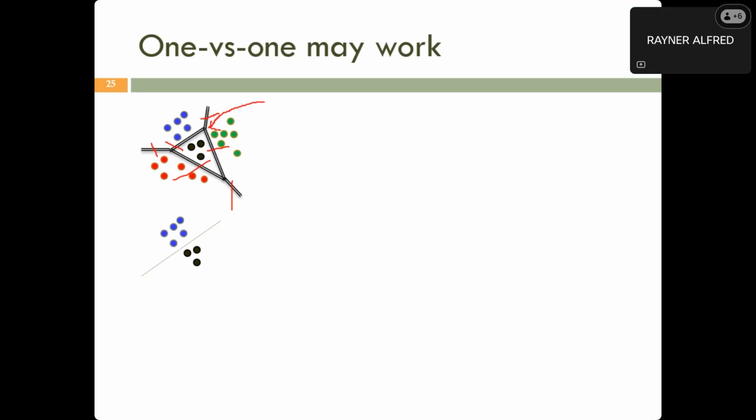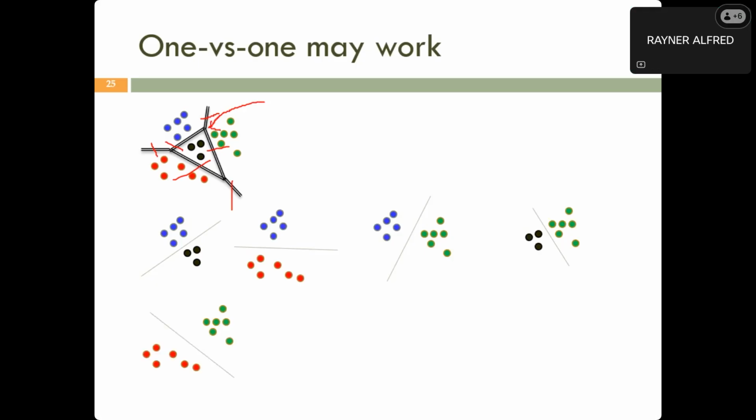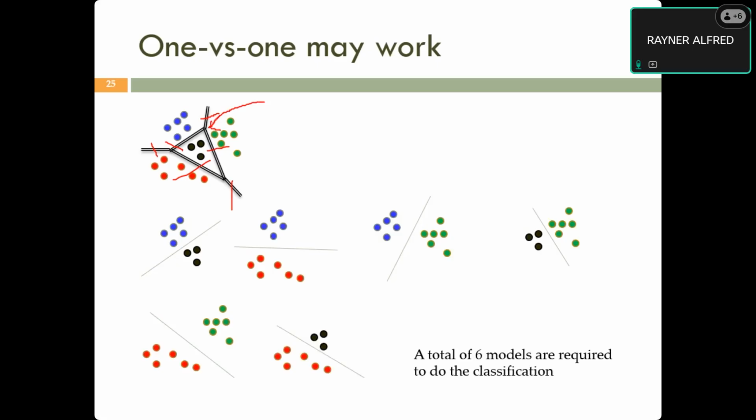Then we pick another one, the blue versus the red, so we draw the line there. Blue versus green, black versus green, red versus green, black versus the red, and we have 6 models. So if we combine all these lines, we should be able to construct this.